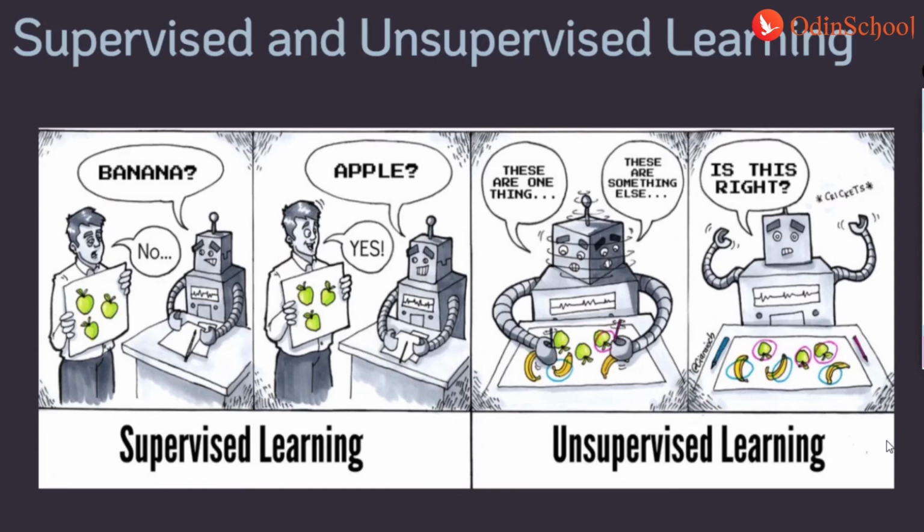I have given a group of three apples and trained my program, so this is how an apple looks like, and I have given a bunch of three bananas and told it, this is how a banana looks like. Whenever I present a group and ask my program what it is, a banana or an apple, it very easily will tell you. So this is like a tagging done with my picture, whether it is a banana or an apple.